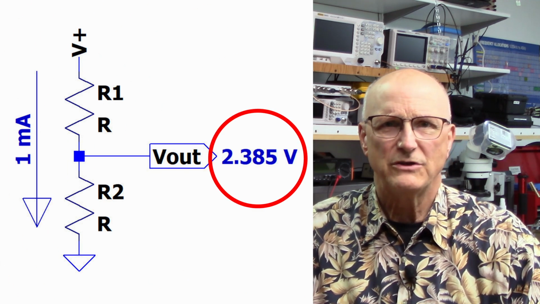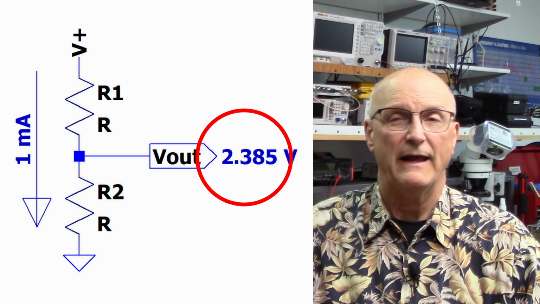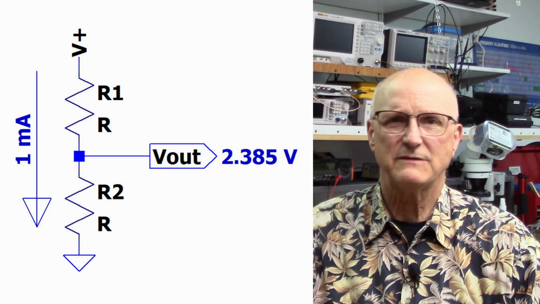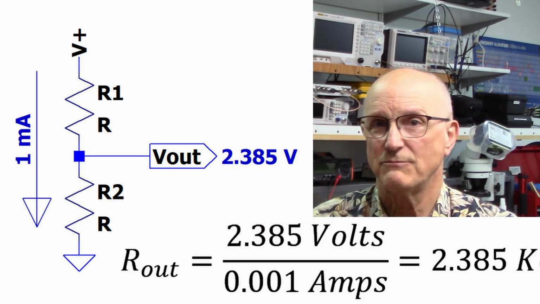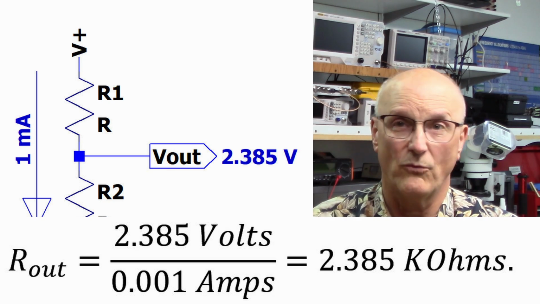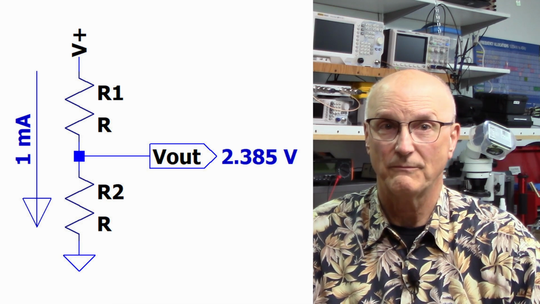So if we want 2.385 volts out of our voltage divider, and it has 1 milliamp running through it, this means that the output resistor must be 2.385 volts divided by 1 milliamp, or 2.385 kilohms.